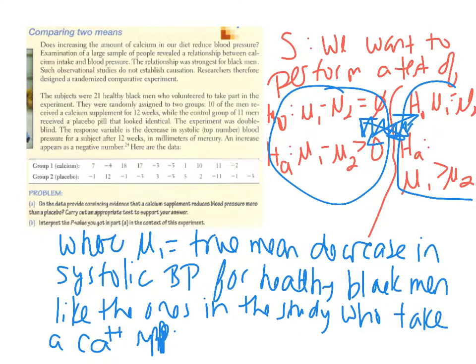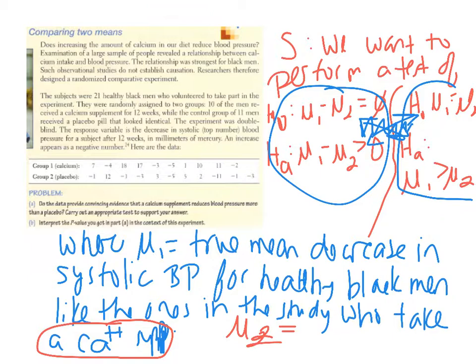And then you also need to define mu2, right? So mu2 would be my true mean decrease in systolic blood pressure for healthy black men like the ones in the study who take a placebo. So it's going to be exactly the same. My definition for mu2 is the same as mu1. I've just changed what they're taking.